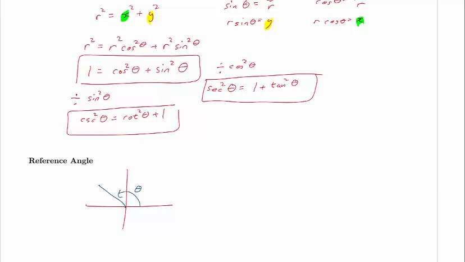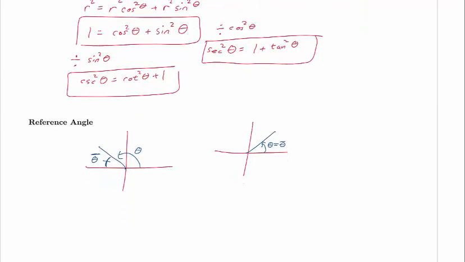So in this case, that would be this angle right there. We call it with a little hat there. For each of the quadrants, of course, if you're in the first quadrant, your angle theta is the same as the reference angle. No surprise there. We covered quadrant 2.